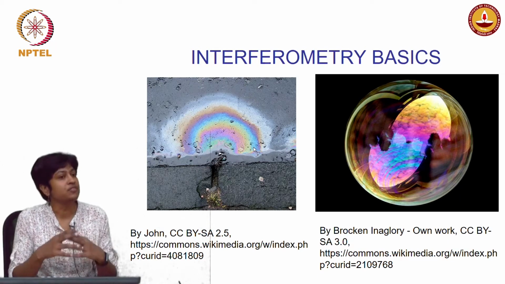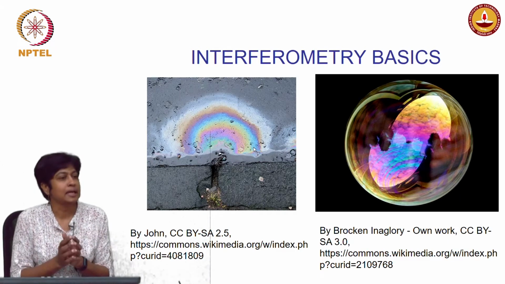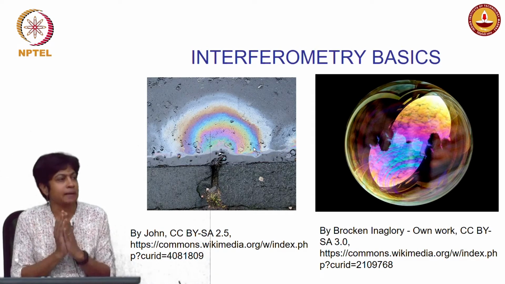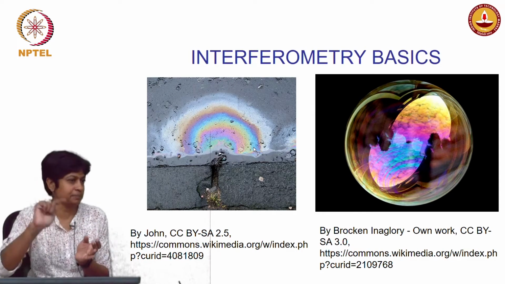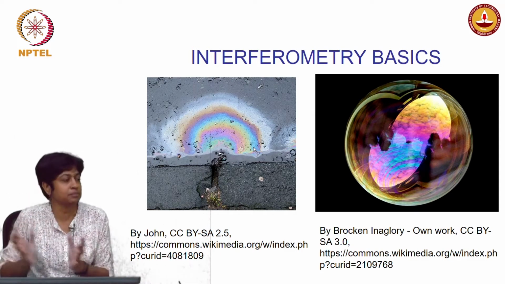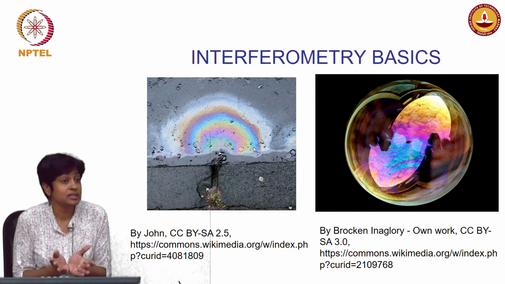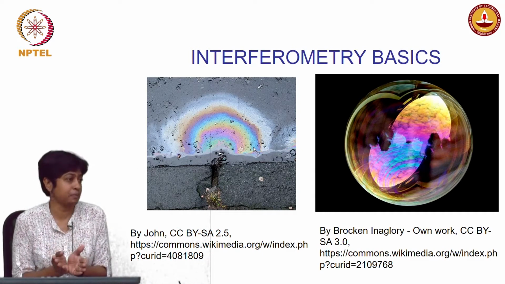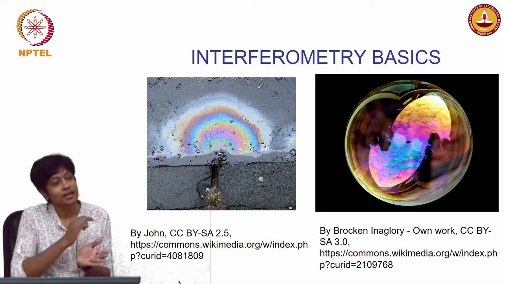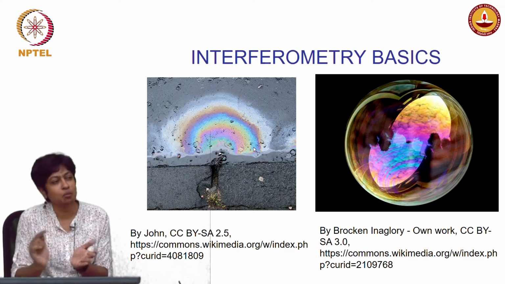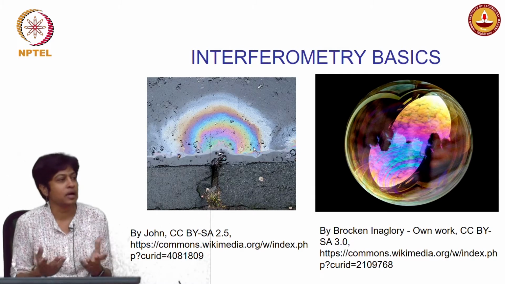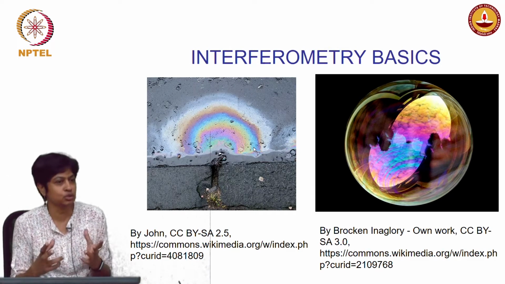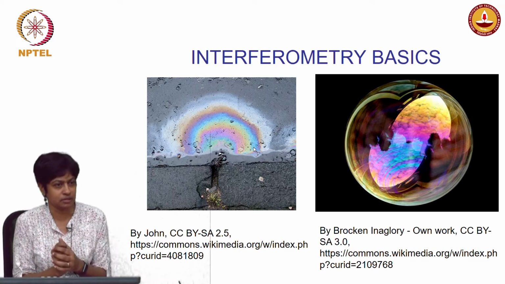So you can think of this interference pattern like a map, right? You have these maps which show you regions that connect points of same pressure, or an isotherm, points of same temperature. Well, the interference pattern is nothing but a map of that nature. What is it connecting? Points of same what, do you know? An isotherm is a graph that shows you the points of the same temperature.